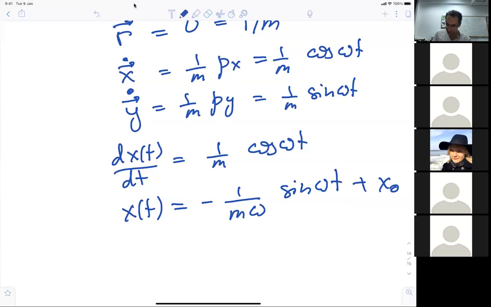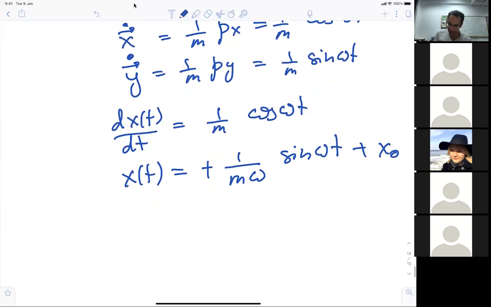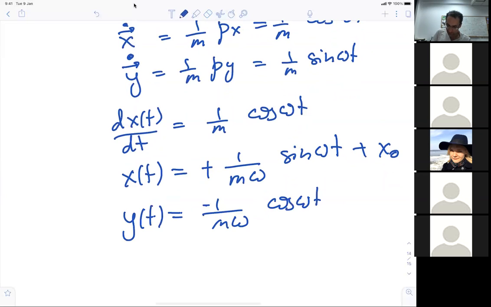If I differentiate this, I get back the equation above. And the same for y of t: it's 1 over m omega cosine omega t, this time with a minus, plus y0.